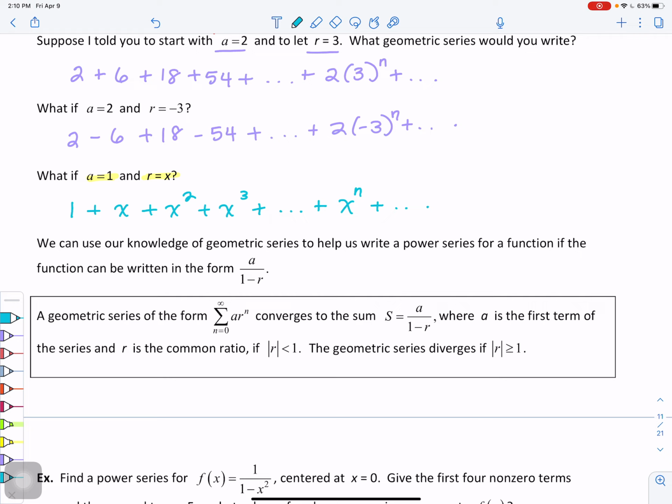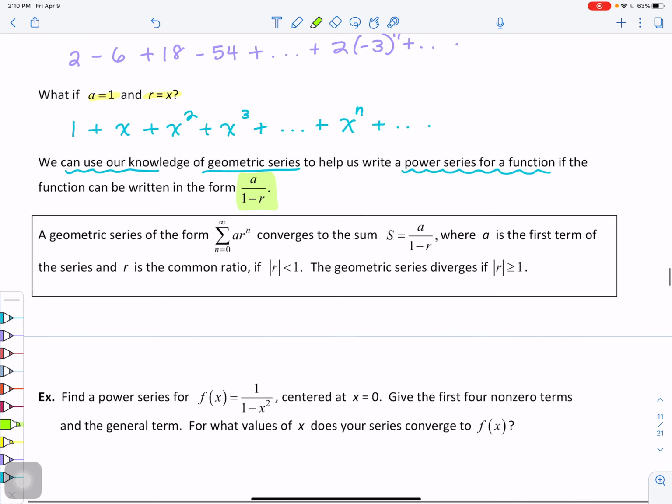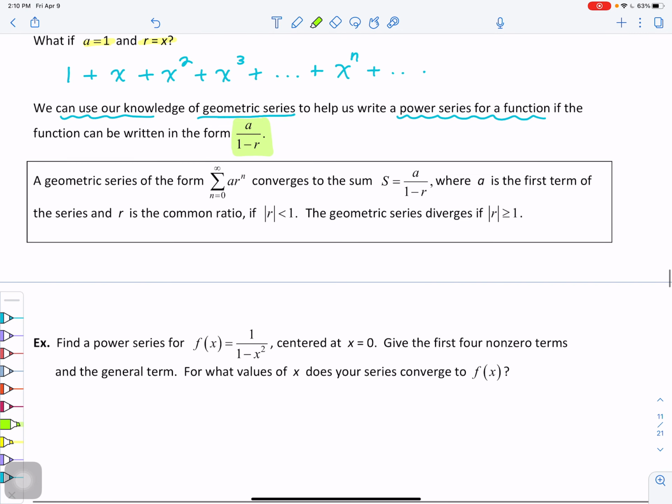So now we can use our knowledge of the geometric series to help us write a power series for a function if the function can be written in this form, okay? So if the function can be written in a over 1 minus r form, we will then write a power series for a function. So let's review this.